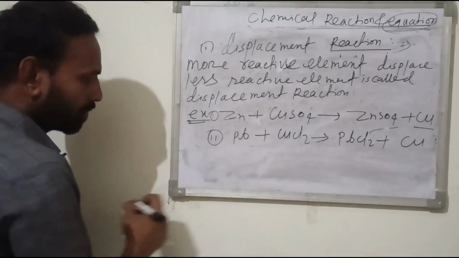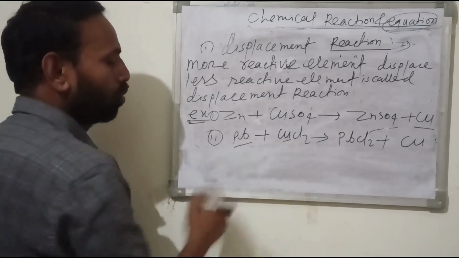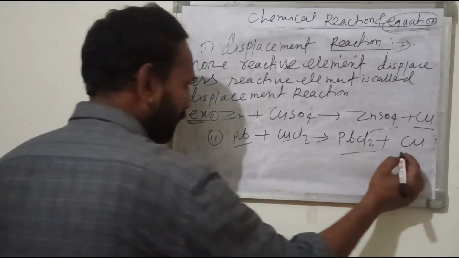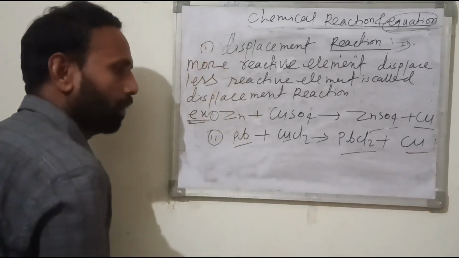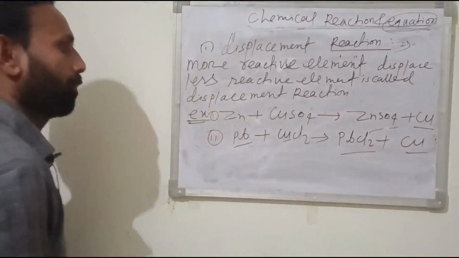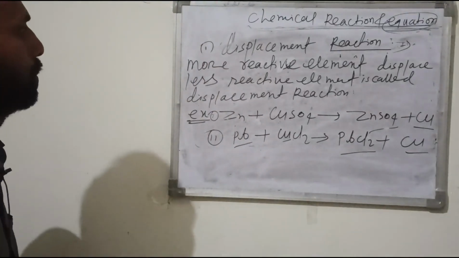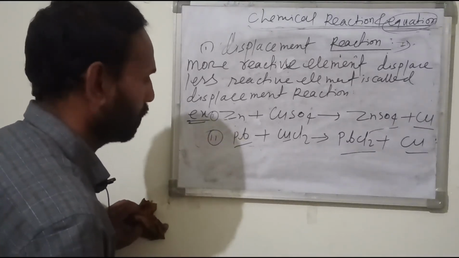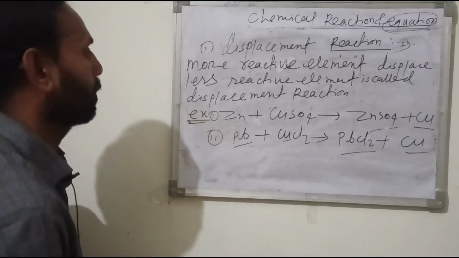Here lead is more reactive than copper, so here it makes the lead chloride and the copper is the different thing. Okay, this is the example of the displacement reactions. If you want you can give more examples, don't worry.